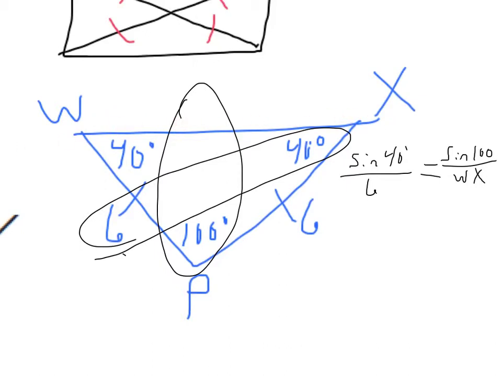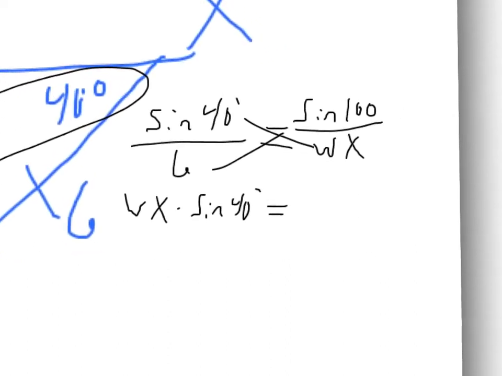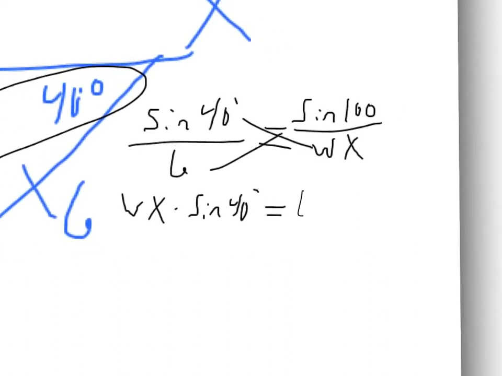Okay, so cross multiplying, on one side I'll have WX times sine of 40. On the other side, we'll have 6 times sine of 100. And then we'll have to divide by sine of 40, because we want to know what WX is, so we want to get it by itself.